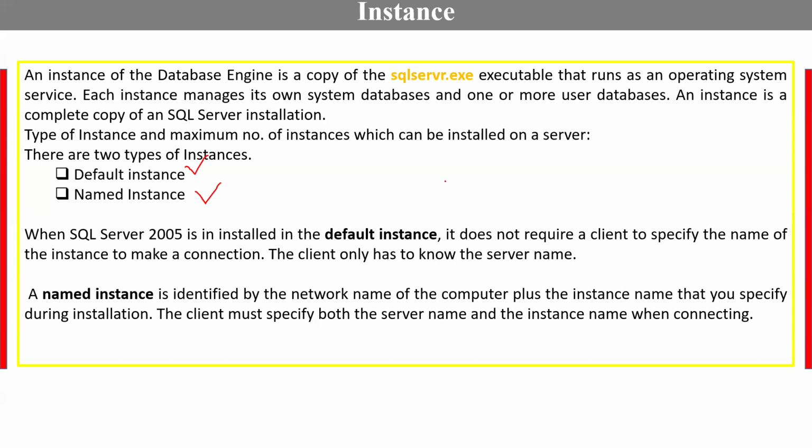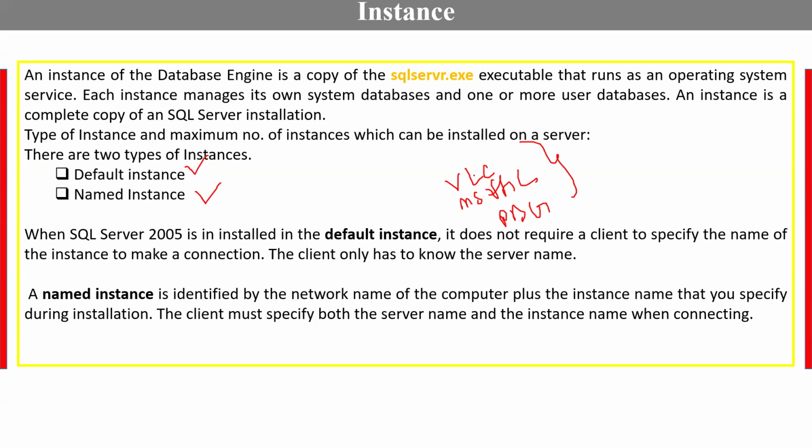So for example, take VLC player, sir. Take MS Office, or take some PUBG. These are all tools which you install to use, right? SQL Server is also a tool which you install and use.